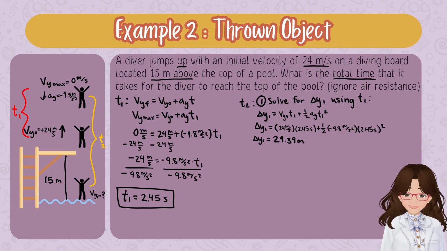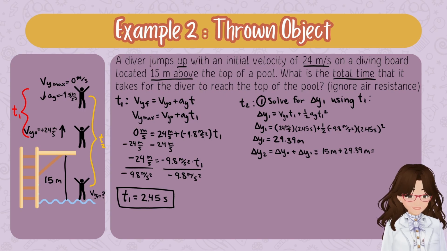So to get our total displacement for T2, that's going to be equal to the initial displacement, which was 15 meters, plus how much higher the diver went. So we're just going to add those two together, 15 meters plus 29.39 meters.